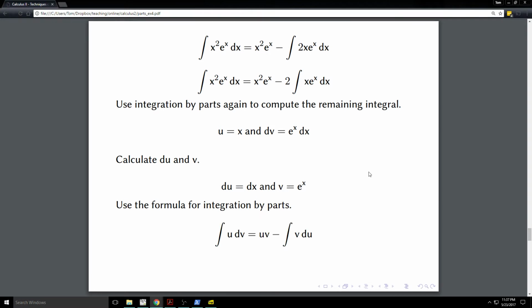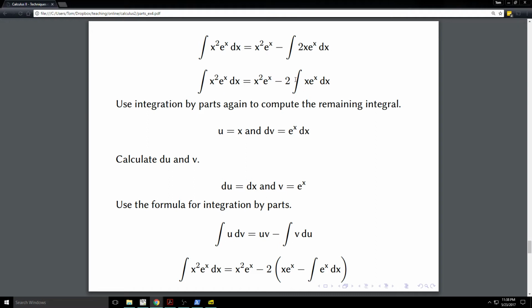Okay, and apply the formula for integration by parts again. All right, so looking here, I have this integral right here. I'm replacing that with the formula for integration by parts. So I'd still have this minus 2 on the outside, and on the inside, I'd have uv, which is x e to the x, minus the integral of v, which is e to the x, du, which is dx there.